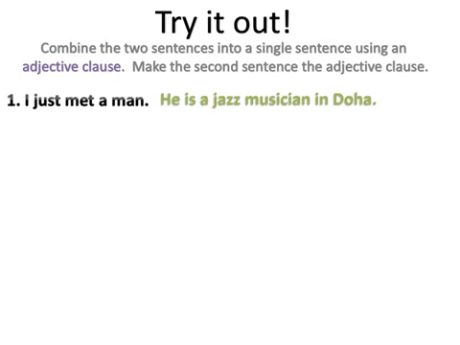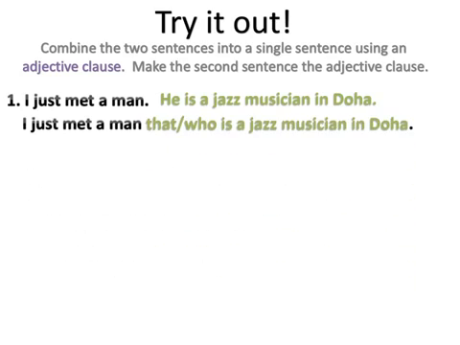He is a jazz musician in Doha. To combine these, you can say, I just met a man that is a jazz musician in Doha. Or, I just met a man who is a jazz musician in Doha.